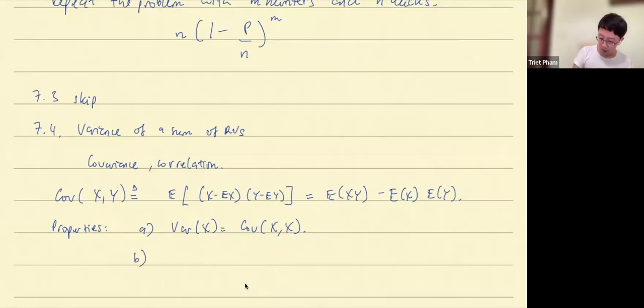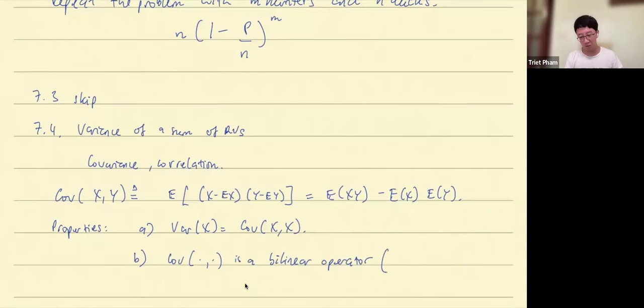It says that covariance is a bilinear operator. By that I just mean the two dots here, meaning that it's linear in either argument. And if you think the word bilinear is strange, it's not. You have seen bilinear operators all your life.